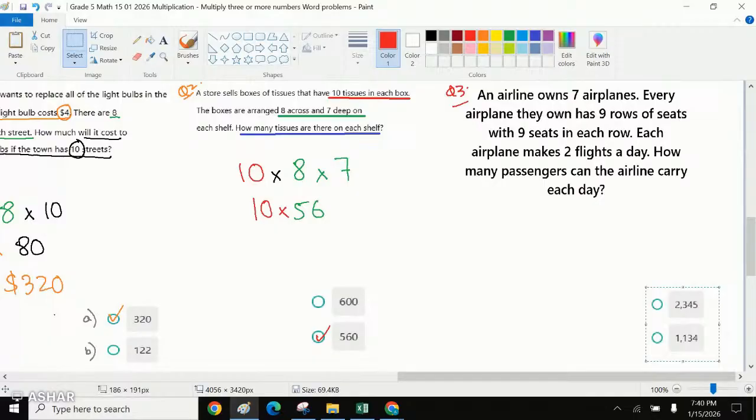Job, focus. Can I have the answer? An airline owns 7 airplanes. Every plane has 9 rows of seats. There are 9 rows and 9 seats on each row. So how many total seats would be there?